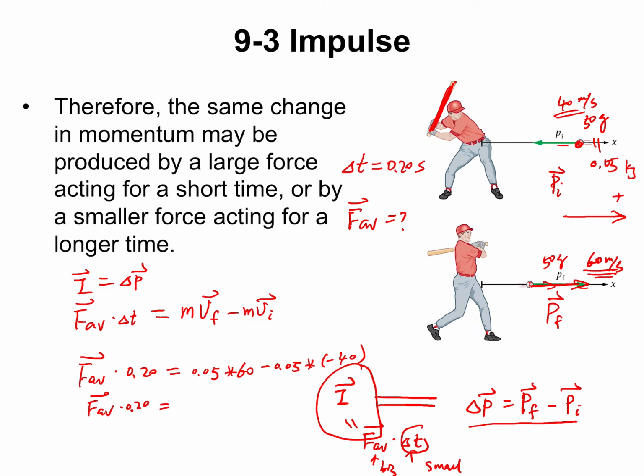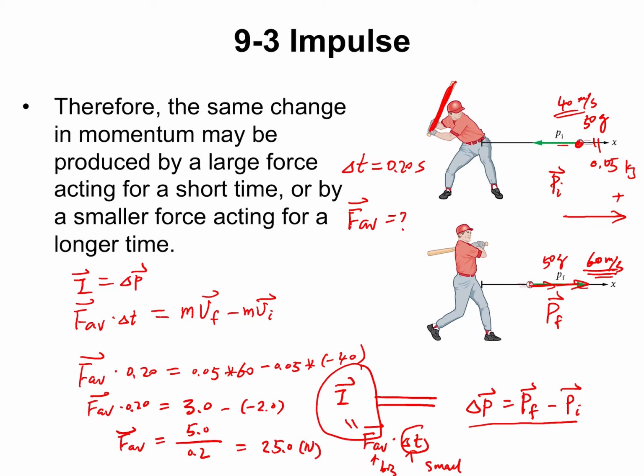We make the calculation. 0.05 times 60 is 3, minus negative 2.0, so F average equals 5.0 divided by 0.2. So this equals 25.0 newtons. This is the average force.